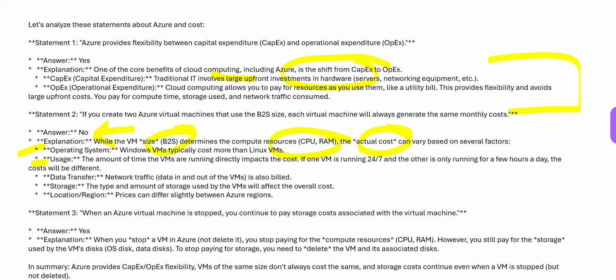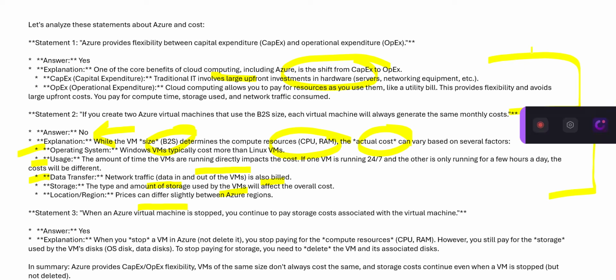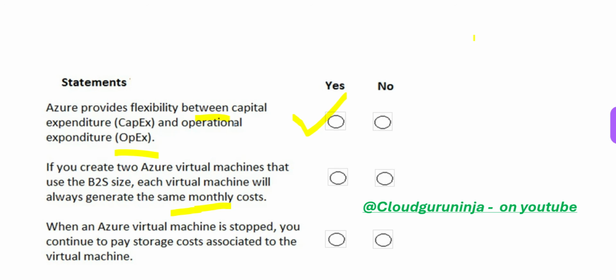The amount of time the VMs run directly impacts the cost. Data transfer, network traffic in and out, is also billed. Storage is also billed separately. Location prices differ. So that is why this cannot be exactly the same. Parameters like OS, usage pattern, and location all affect your cost. So the answer in this case is no.